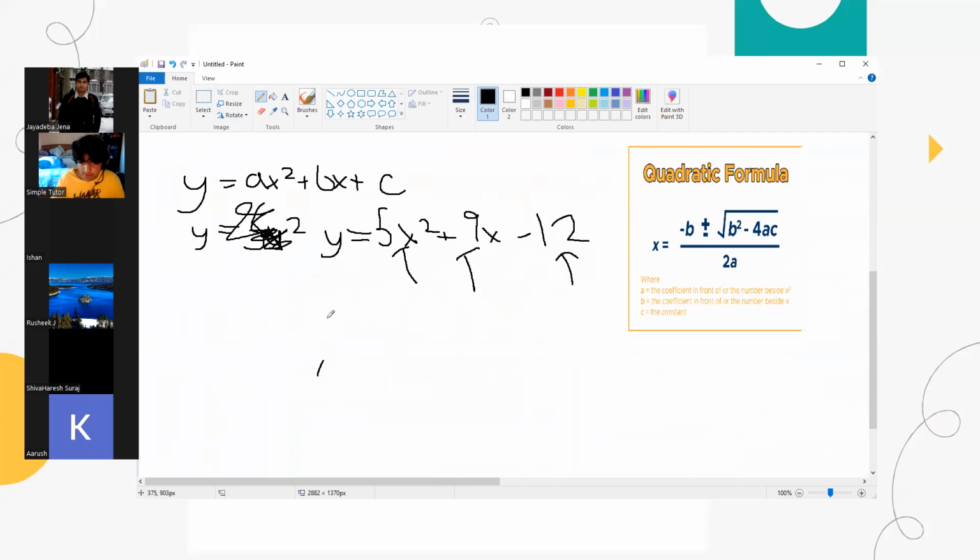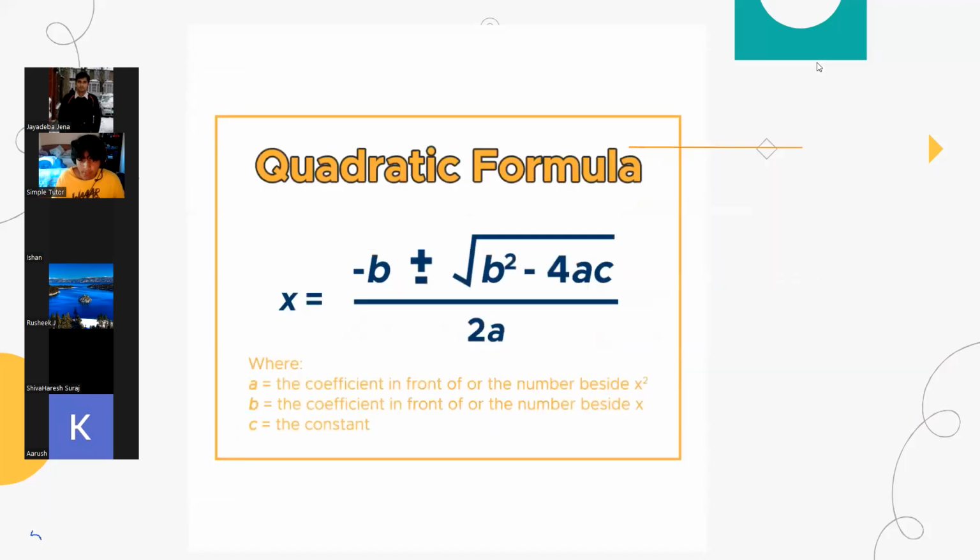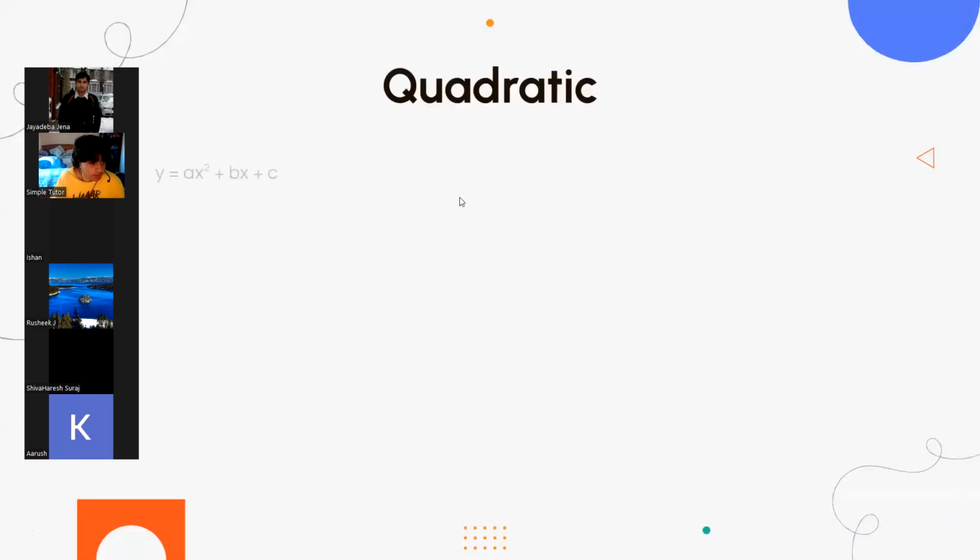If I know that b is 9, negative b is negative 9, plus or minus the square root of 9 squared, minus 4a, which is 5, and c, which is negative 12, all over 2a, which is 5. So this will help us find the zeros or the solutions to an equation. I'm not going to actually solve that, but we can get more into the quadratic equation.